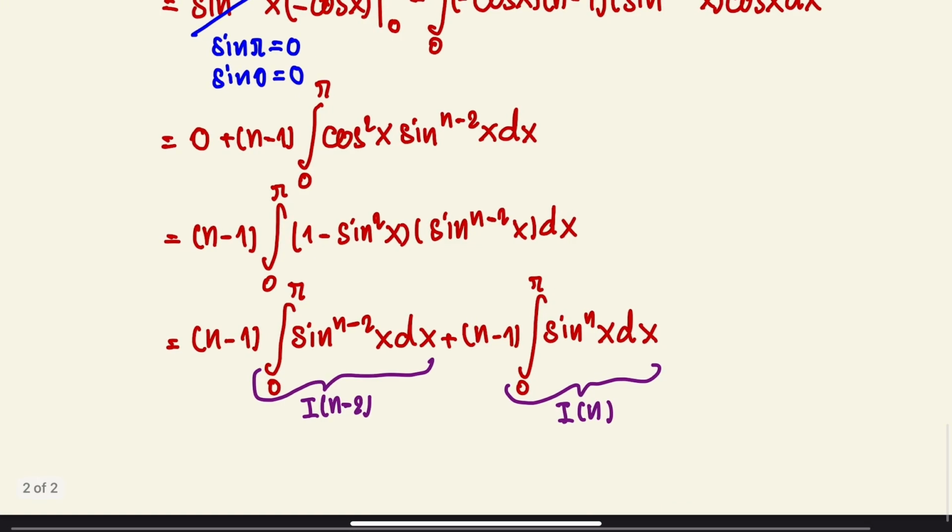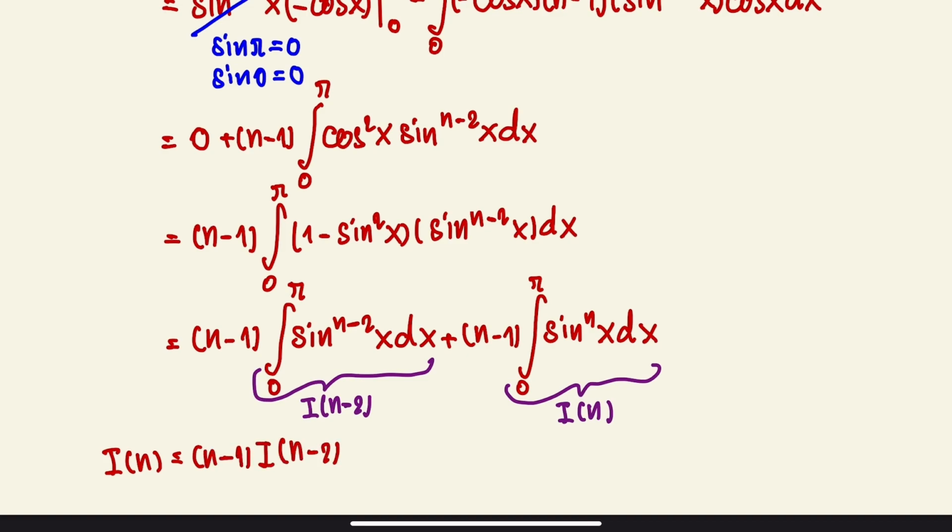Now we have I n equal to n minus 1 times I n minus 2 plus n minus 1 times I n. So I will write I n in terms of I n minus 2.